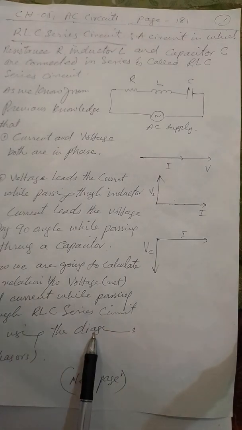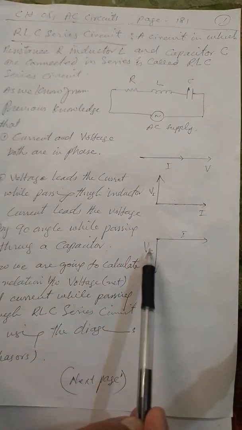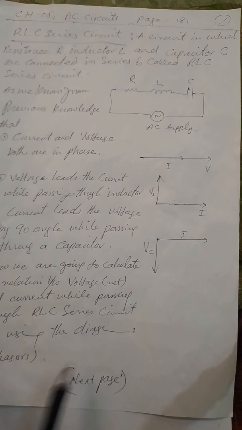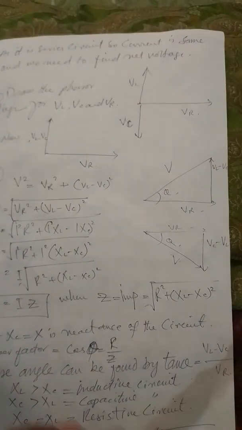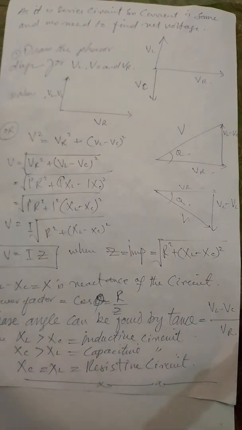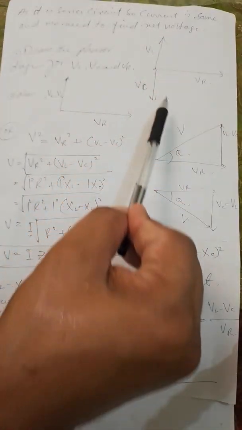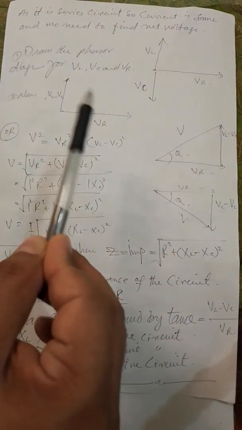By using the diagrams above, we can use the diagrams for VR, VL, and VC to find the relationship between V and I. Dear students, as it is a series circuit, the current is the same and we need to find the net voltage by the use of some mathematical or geometrical steps.